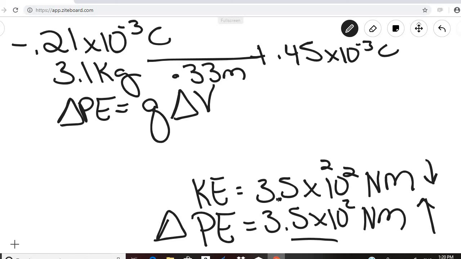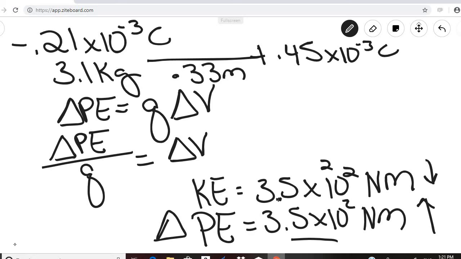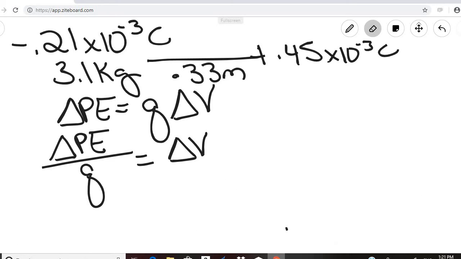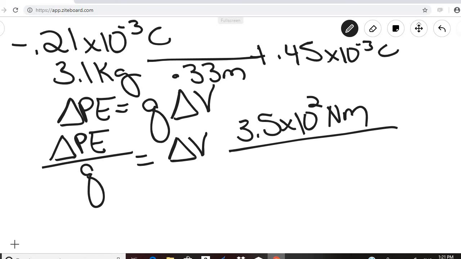So we should be able to figure out delta V. Delta PE divided by Q is going to equal delta V. We calculated the change in potential energy as 3.5 times 10 squared Newton meters, and we will divide that by our charge, the moving charge, which was negative 0.21 times 10 to the negative 3 coulombs. And that's going to be equal to delta V.